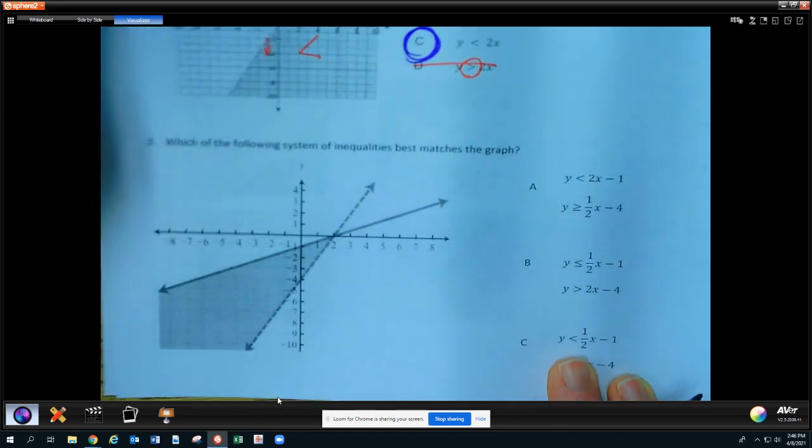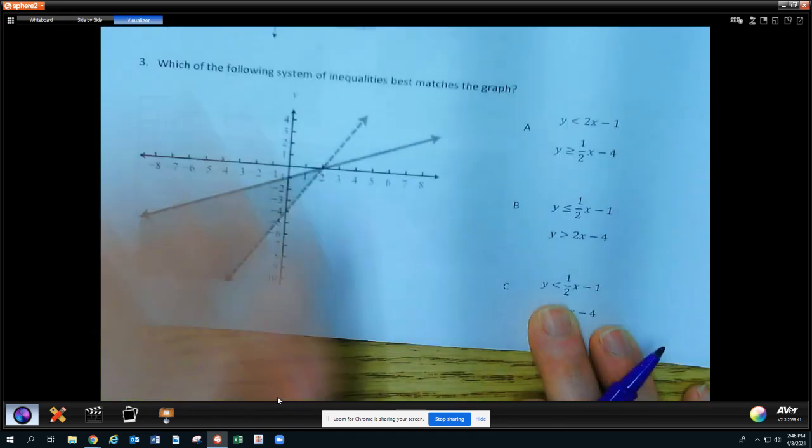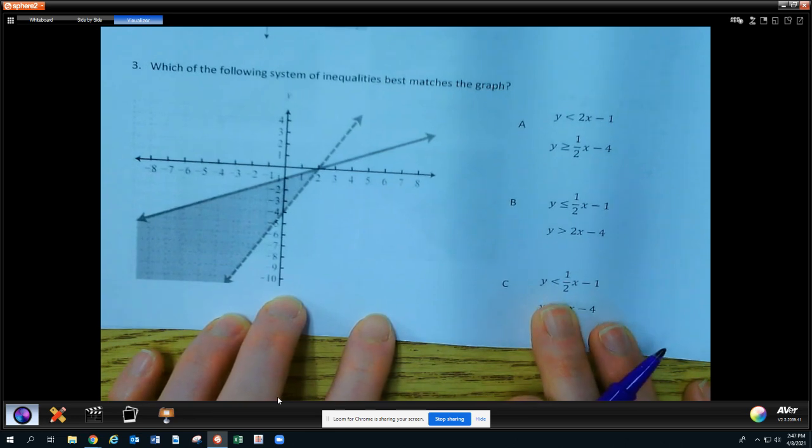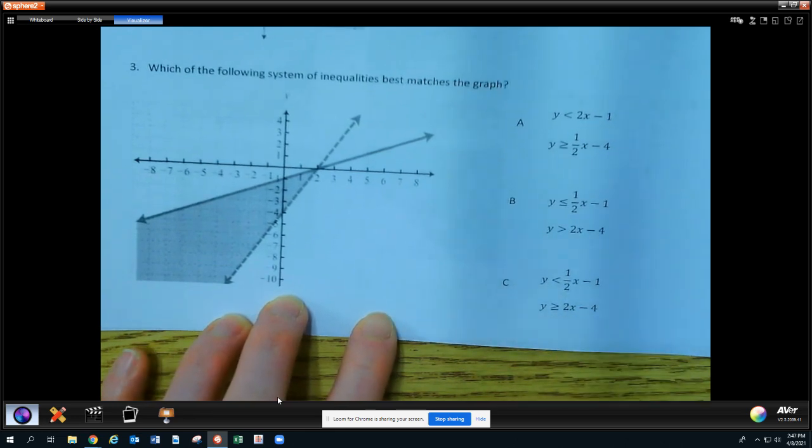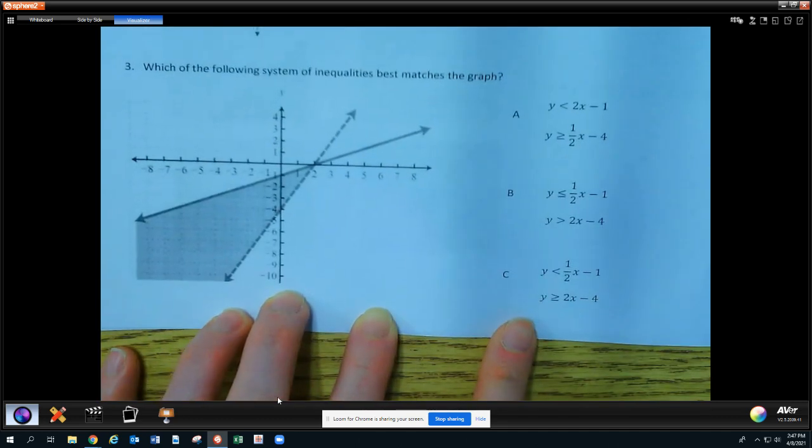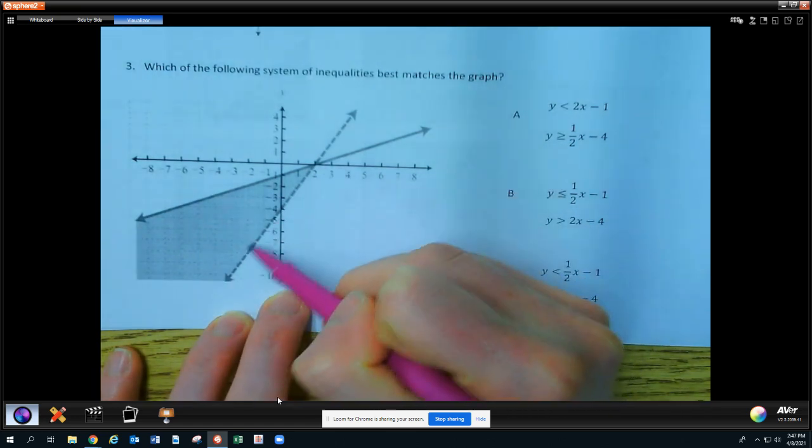Okay, so now we have a system. That means we have two inequalities on one graph. And so focus on one at a time. Okay, looks like I lost some answer choices. So we just have these three choices. Okay, and so I'm going to start with this dotted line here.